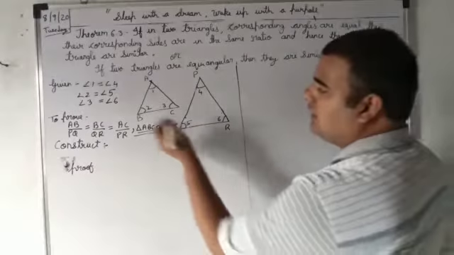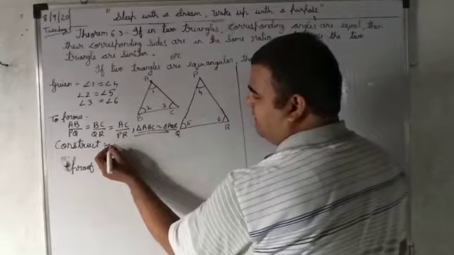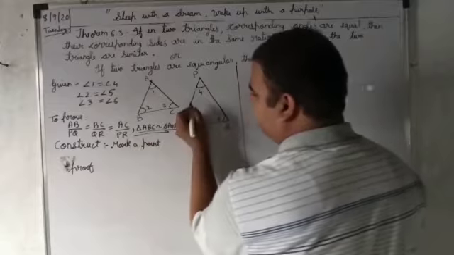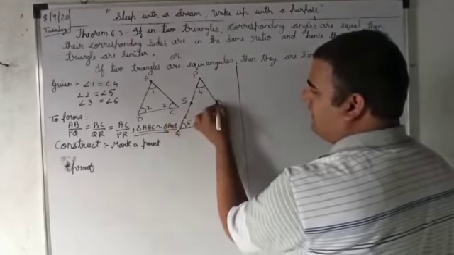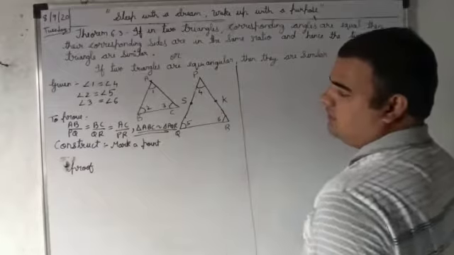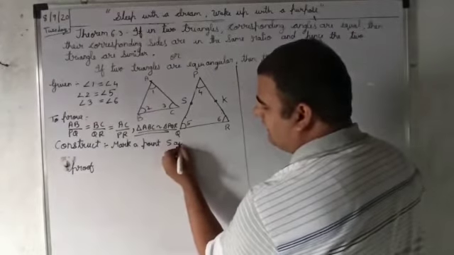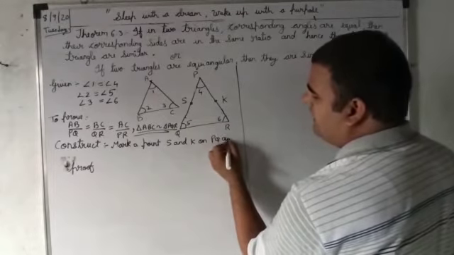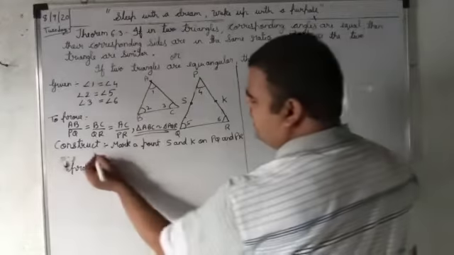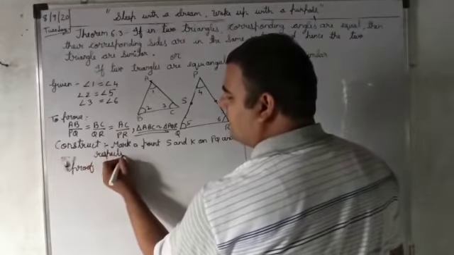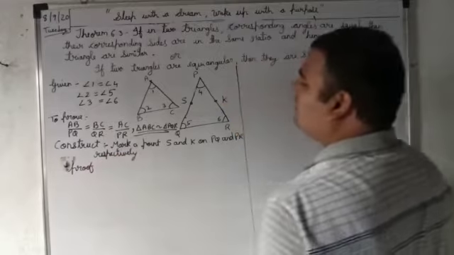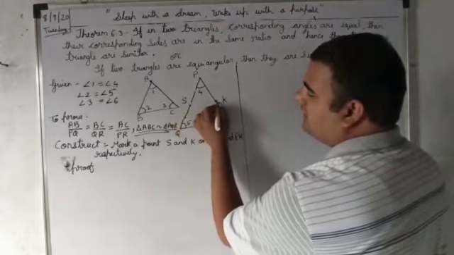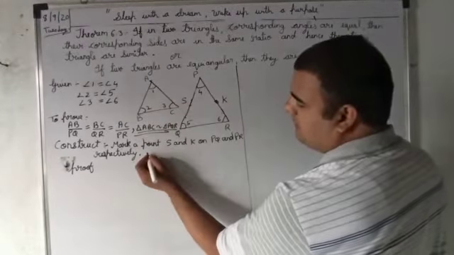So construction. Mark a point S and K on PQ and PR respectively, such that PS should be equal to AB.